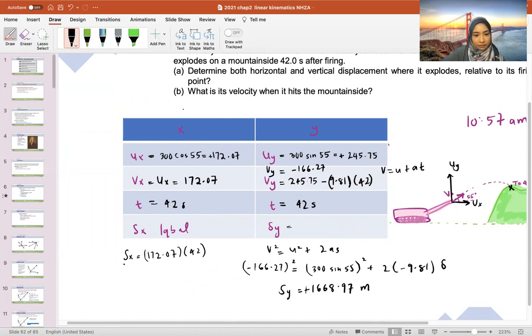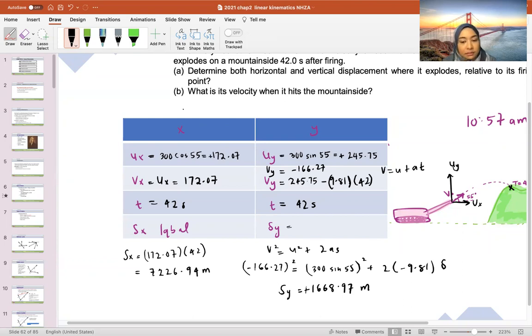Jawapan dia 7,226.94 meters. Thank you so much. Sorry tadi saya punya otak beli sekejap. Okay, 7,226.94. Okay, thank you. Does this answer make sense?